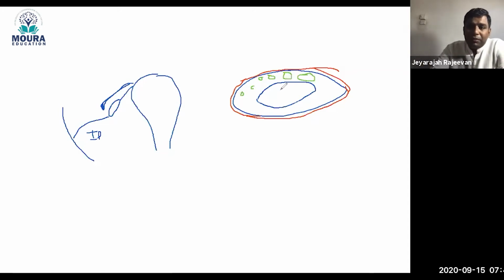In addition to that, your medulla has blood vessels, which supply the ovarian tissue: blood vessels, veins, nerves. The medulla mainly has the blood vessels, nerves, and other connective tissue.